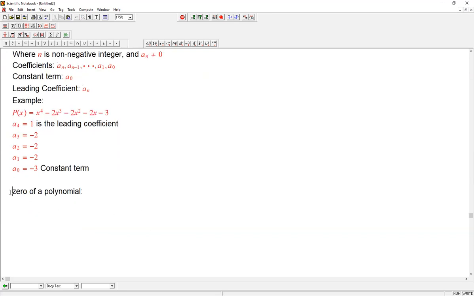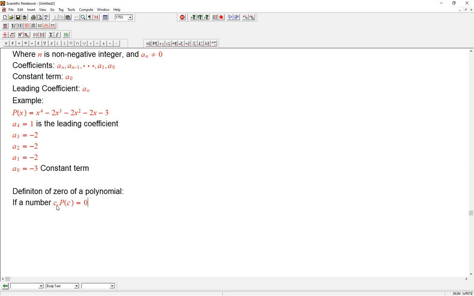What is the definition of a zero of a polynomial? If a number C, we'll plug the C into the polynomial, and P of C equals 0.